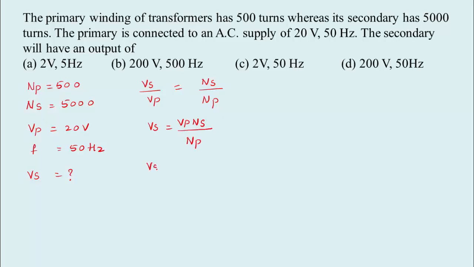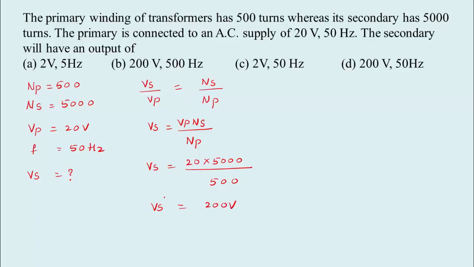Vs equal to, substituting the values, Vp is 20, number of turns in secondary is 5000 divided by number of turns in primary is 500. By calculating this value, we will get voltage across secondary coil is 200 volt.